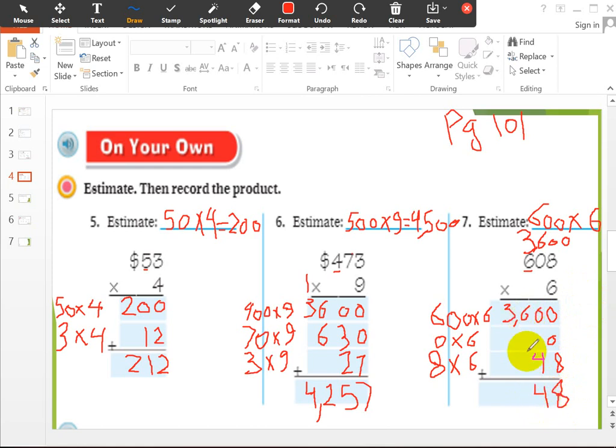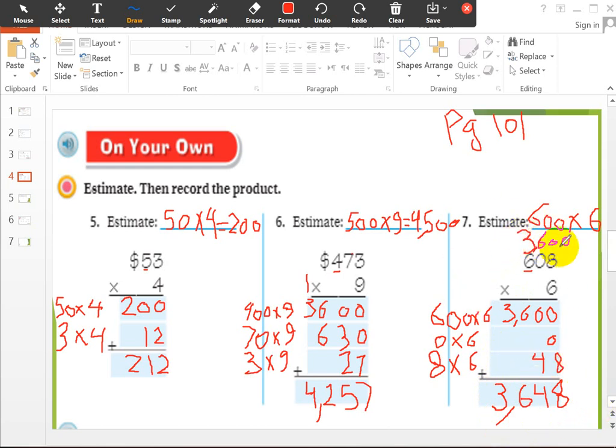Now, there is no hundreds right here, so I will take the hundreds and write it here. There is no thousand right here, so I will take the thousand and write it here. So what is the answer? 3,648, and it's close to the estimation 3,600.